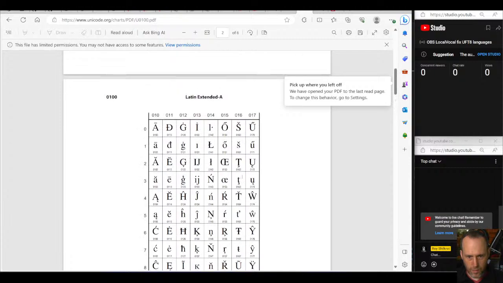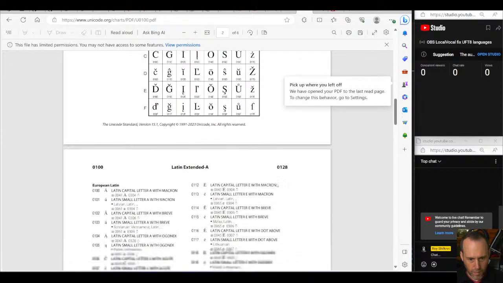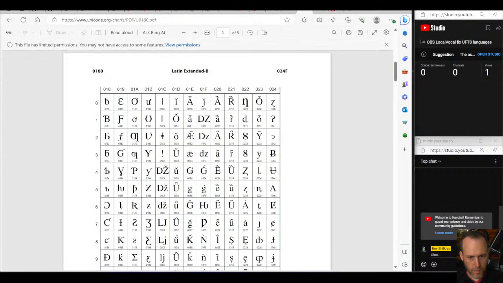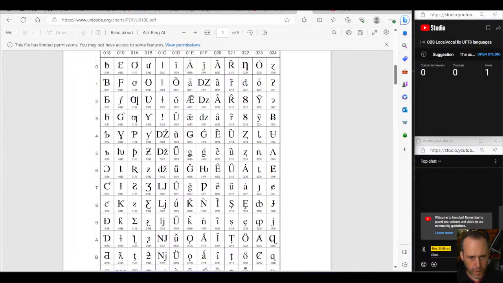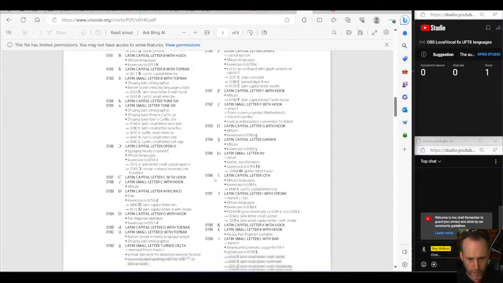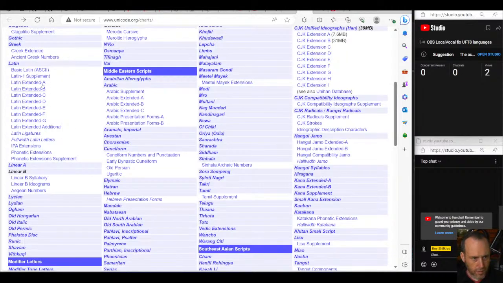Let's have a look in here. That one. No, is it this one? Oh, 199? Makes no sense. Second letter K with a hook. Oh, interesting.